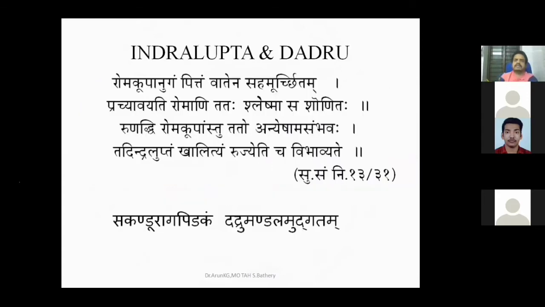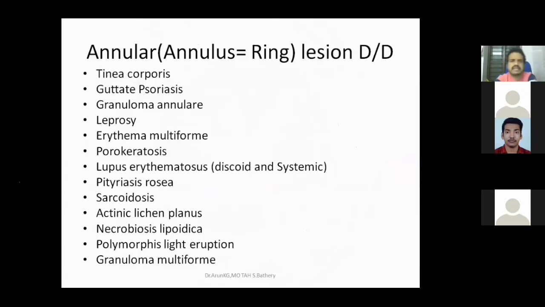This can be compared and considered under Indralupta. When you are getting one annular, ring-like lesion, there are so many conditions which come under the differential diagnosis. So we have to keep in mind, as we already mentioned, tineas are there. Then guttate-like psoriasis. Acute psoriasis sometimes also mimics an annular lesion.